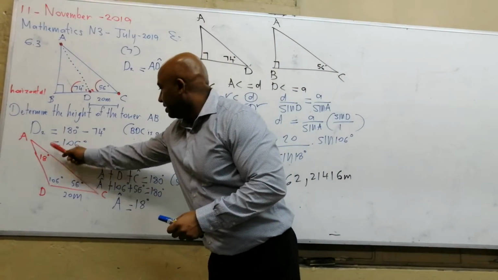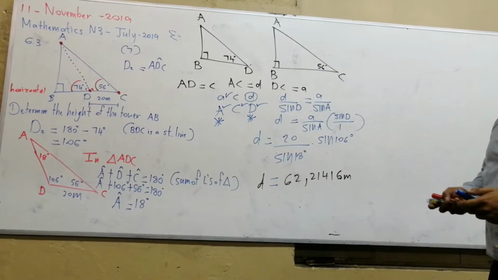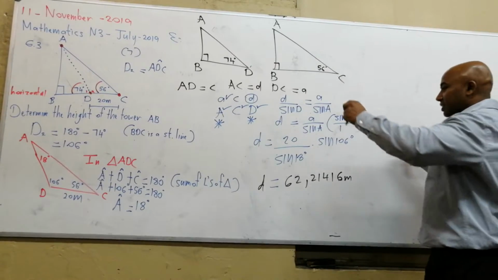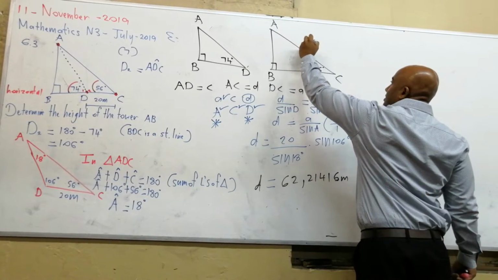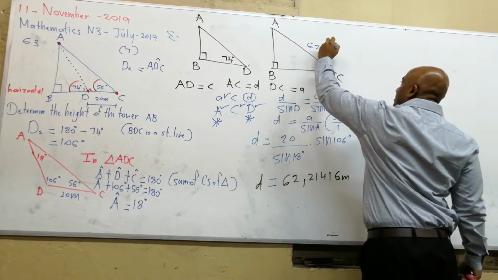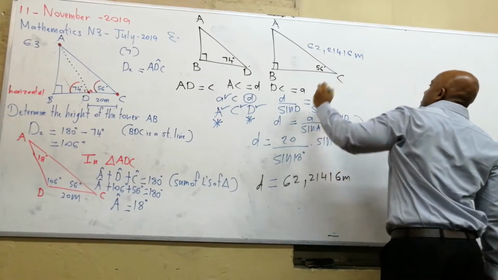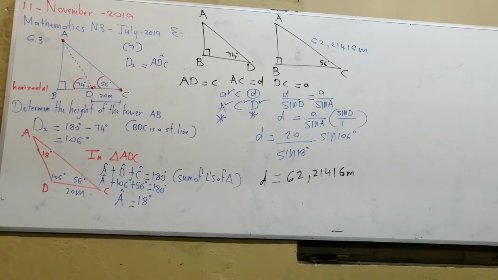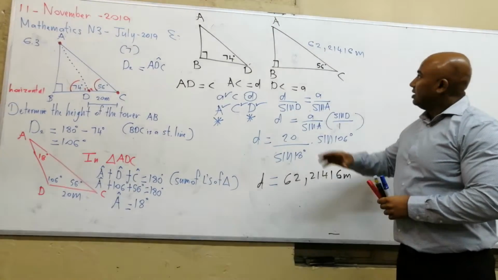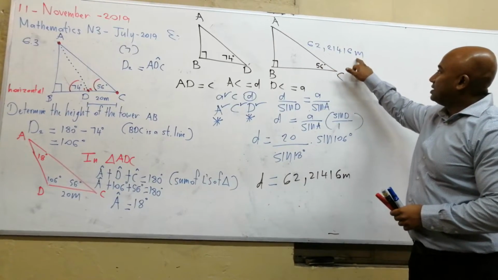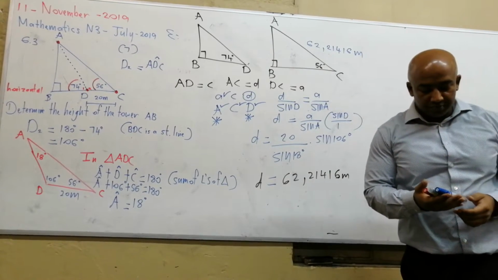Right, so that's ABC. That's my AC, which is D. This one here. That's 62.21416 meters. So we found our AC, which was 62.21416 meters. Now, what are we looking for?